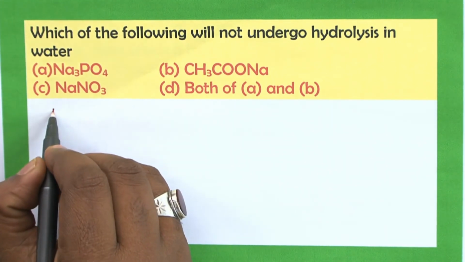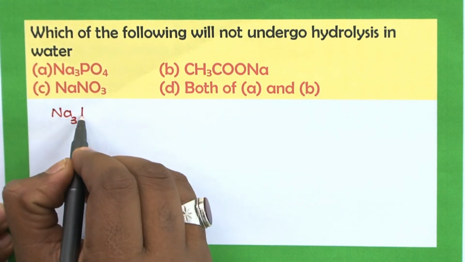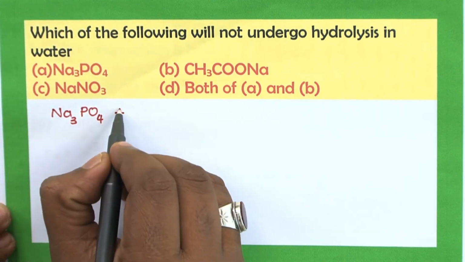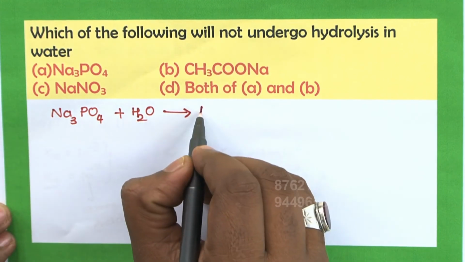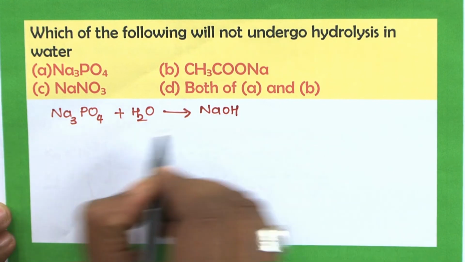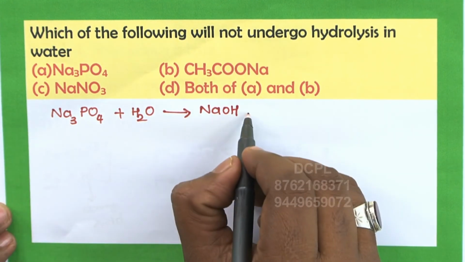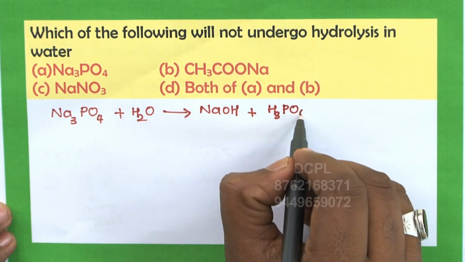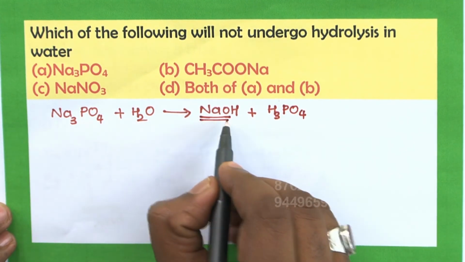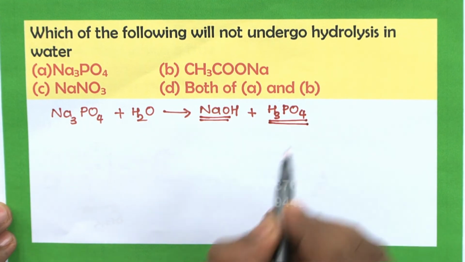Option A, sodium phosphate. Sodium phosphate, when treated with water, gives sodium hydroxide, that is Na plus reacts with OH minus, whereas phosphate reacts with H plus to form H3PO4, where NaOH is a strong base and H3PO4 is a weak acid.